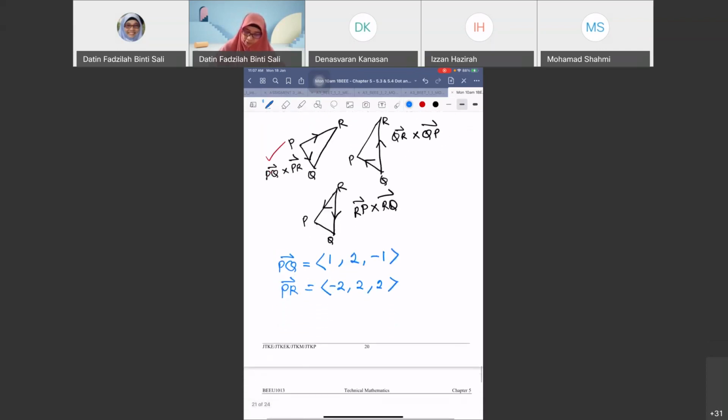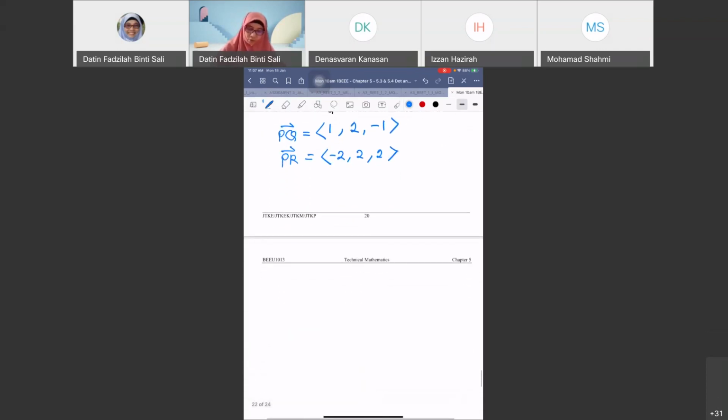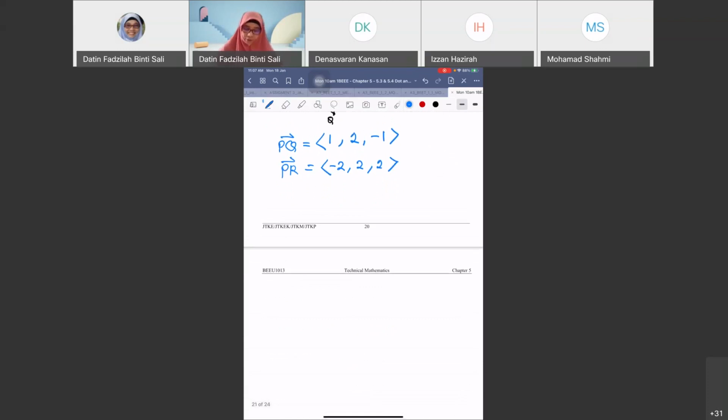So I'll just proceed. Once you have found those two vectors, you want to find the area of your triangle PQR. It will be half times the area of the parallelogram. The area of a parallelogram is the magnitude of the cross product of two vectors.